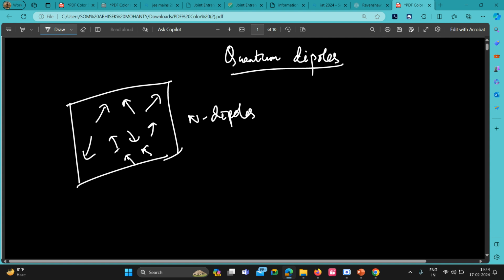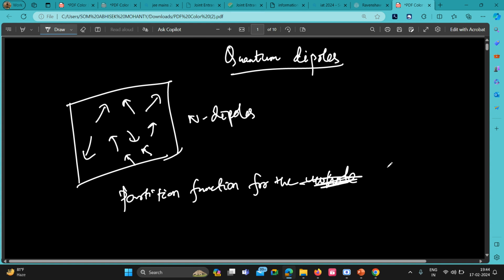So the partition function for the whole system will be what? Zn is equal to z1 to the power n, right?